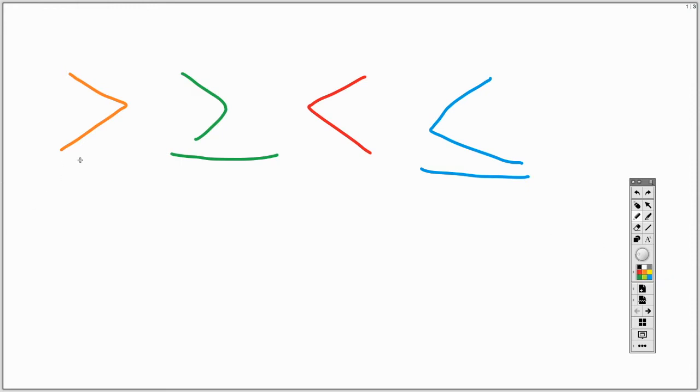So this is the greater than sign, so I'm just going to put a G. This is greater than or equal to, so I'm just going to put GE. Then this is our less than sign, and this is our less than or equal to sign.